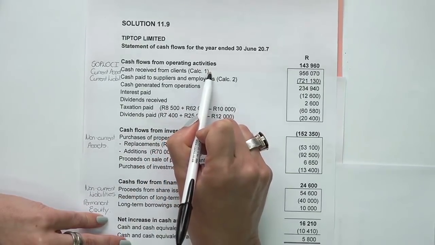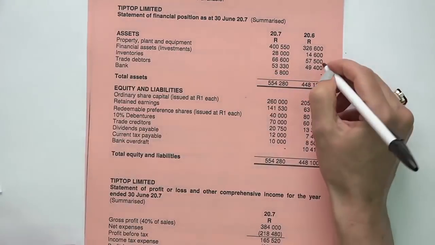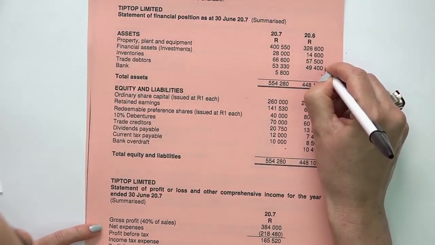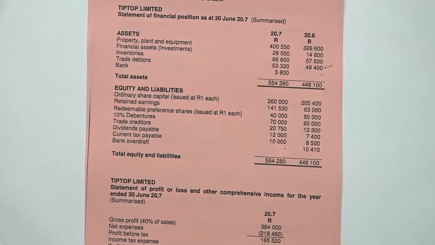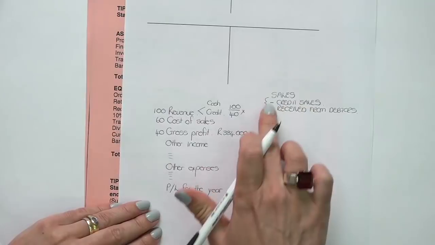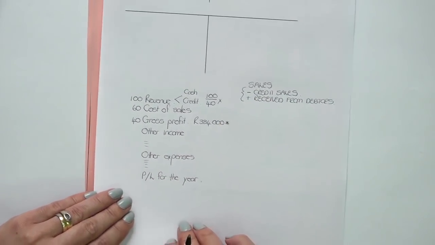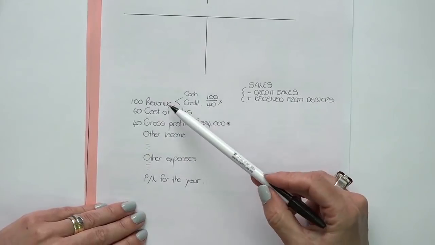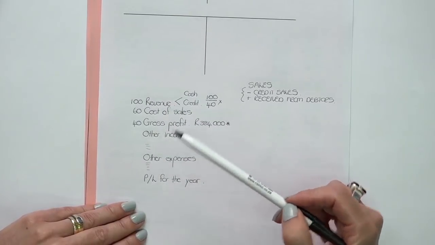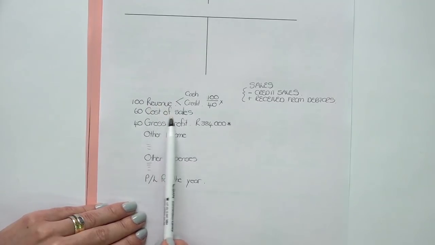So far we've calculated the first item. We used the sales and we used our movement in the trade debtors because we wanted to isolate from my total revenue, we wanted to get it to only cash. If we now move on in my statement of profit and loss, to calculate my cash payments, I will start by using the second item, cost of sales.